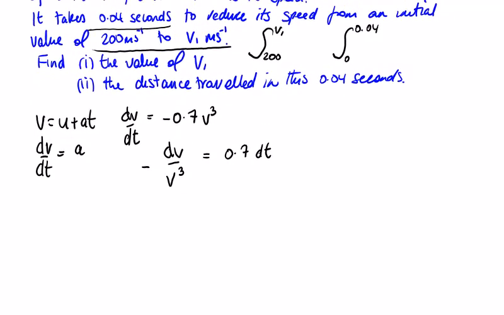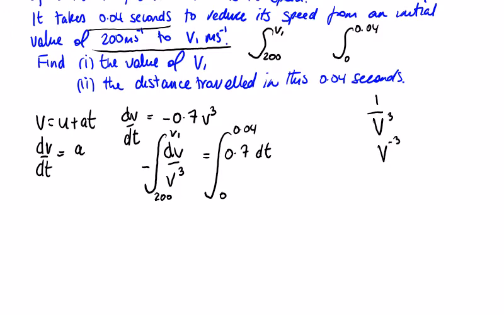So if I put my integration bands in, I'm going to integrate this. I've got my minus in front. We said v1 is what we're looking for, 200, and between 0.04 and 0. So integrating, it's going to be 1 over v cubed, or v to the power of minus 3. So we're increasing the power, divide by the new power.